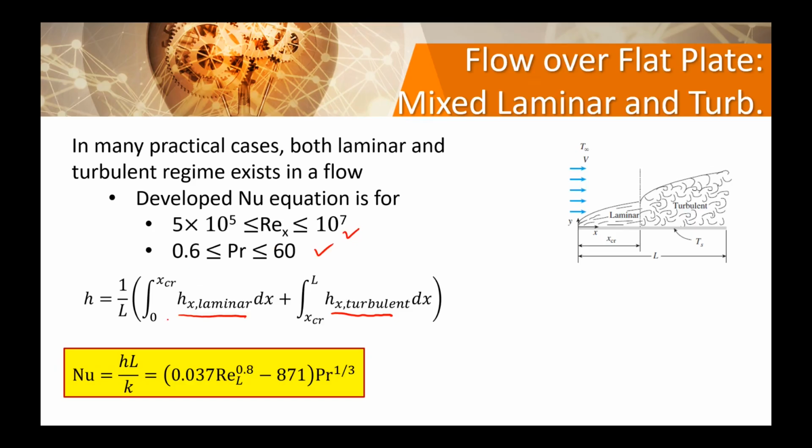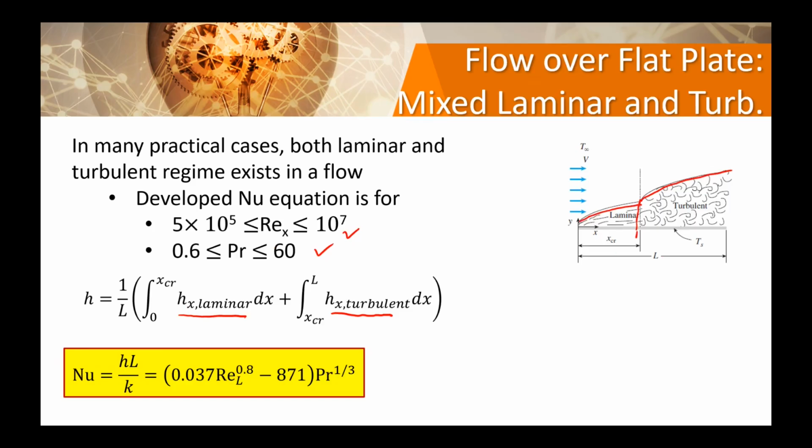So anyway, this is the combined Nusselt number for laminar and turbulent regime. You see laminar here until the critical length, and then turbulent boundary layer here beyond the critical length.